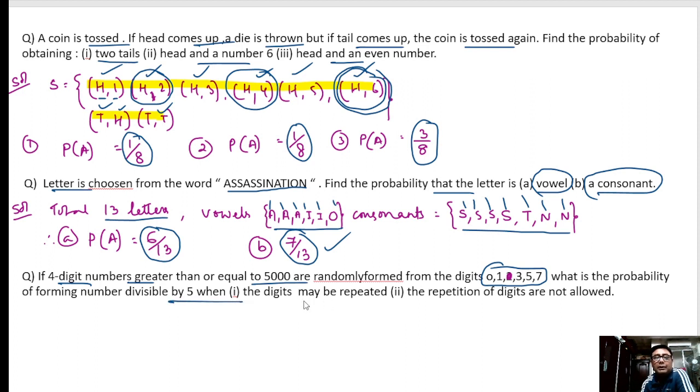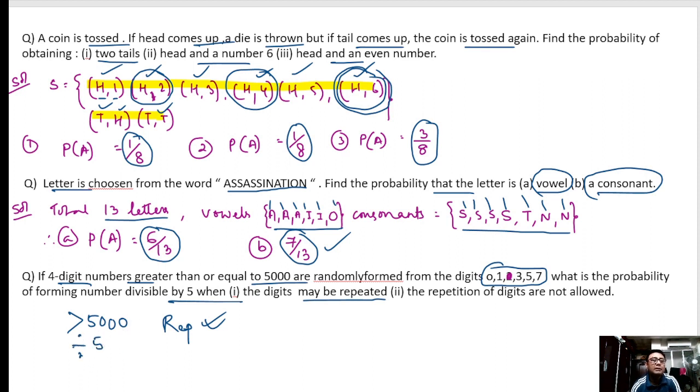And they are telling you can repeat the digits. You can make the numbers by repeating the digits, and the number should be greater than 5000. Mind it, the number should be greater than 5000. Repetition allowed, and the numbers should be divisible by 5.